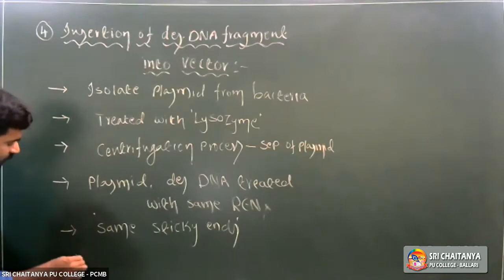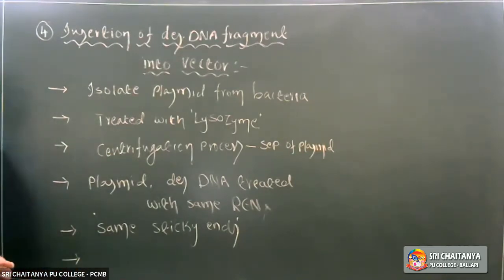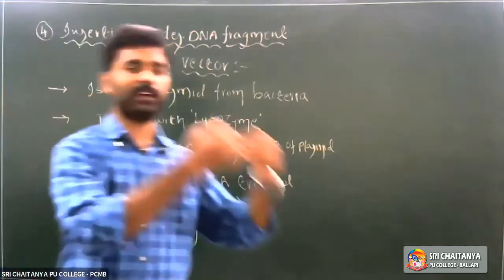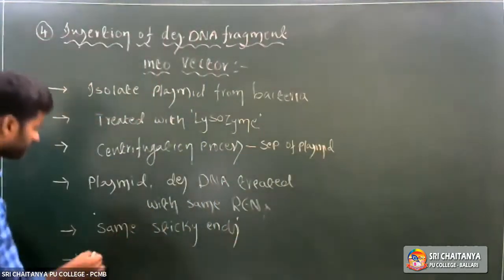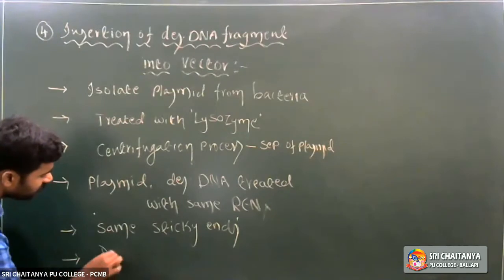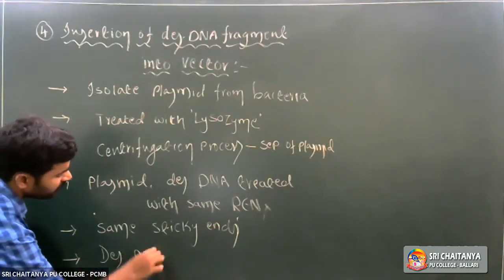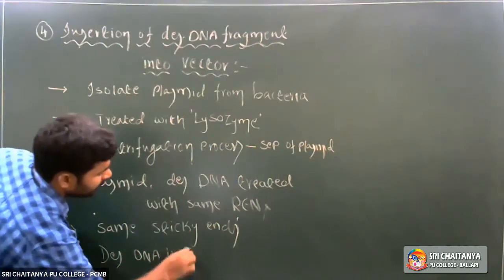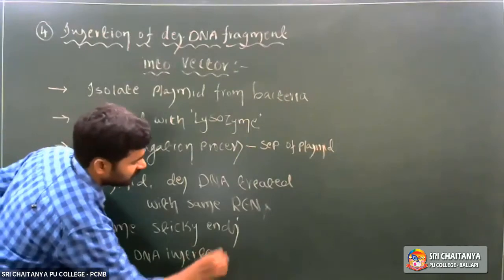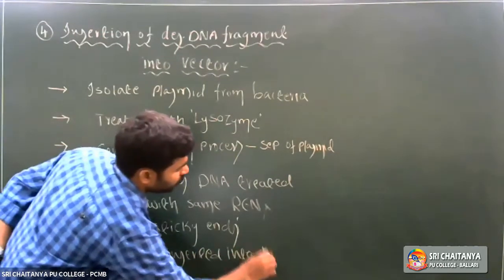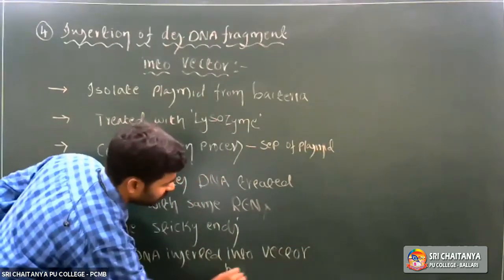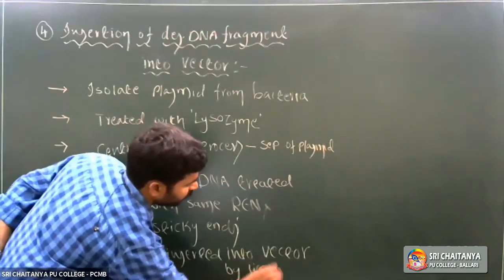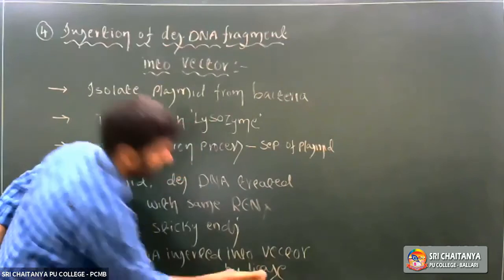Then, by using ligase enzyme, the foreign or desirable DNA segment is inserted into the vector. By using which enzyme? Ligase enzyme, the molecular glue.